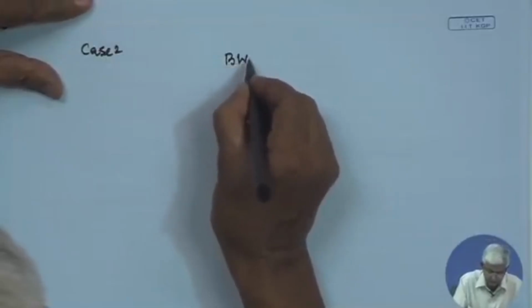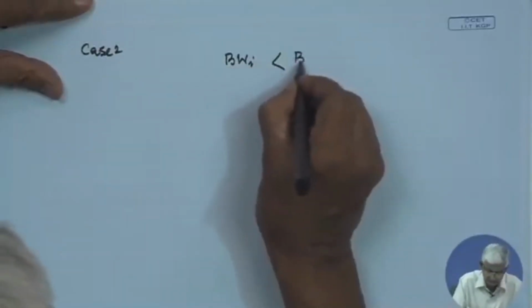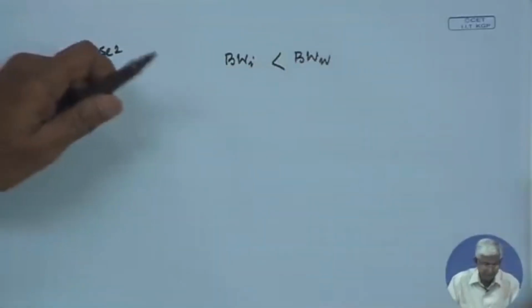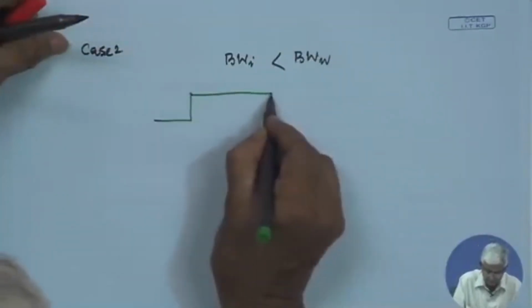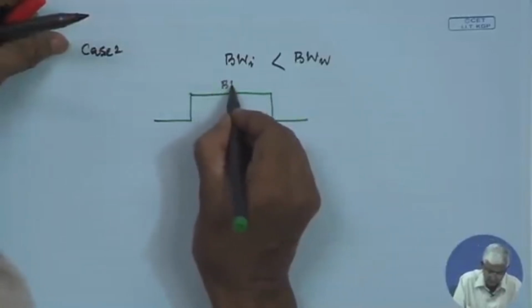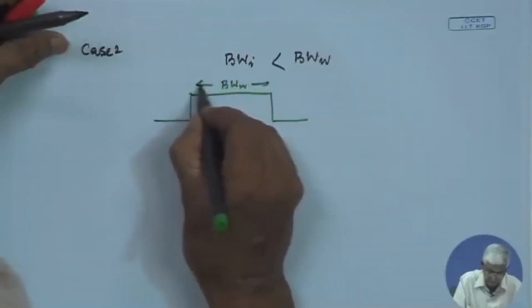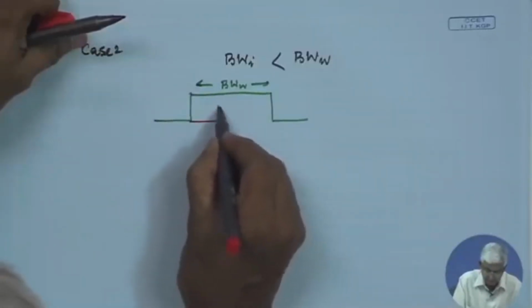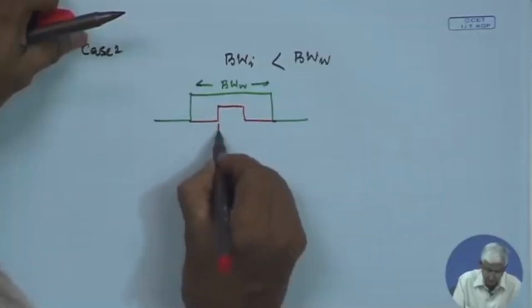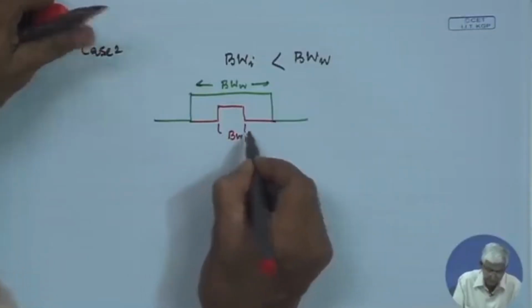There can be another case where it is partially overlapped, case 2, where the bandwidth interfered is less than the bandwidth wanted. Let us draw it. This is the bandwidth wanted, and this is the bandwidth interfered.